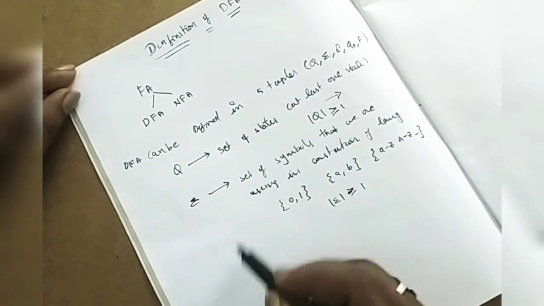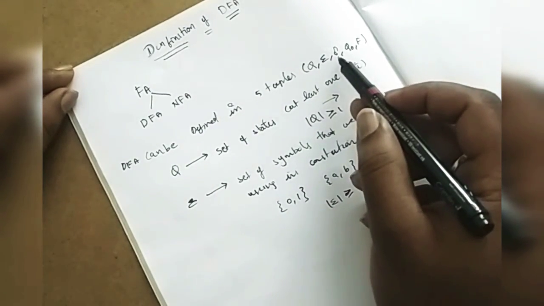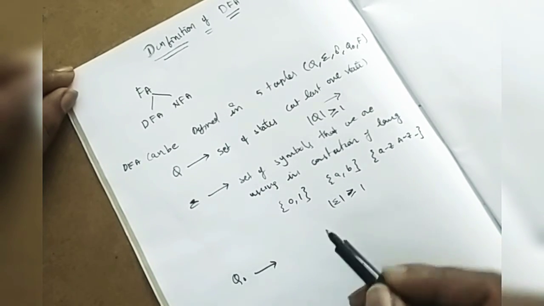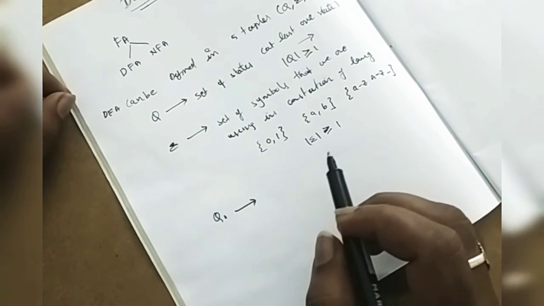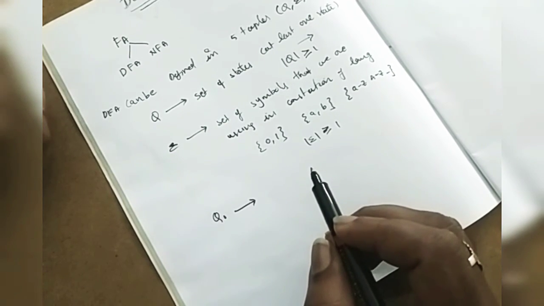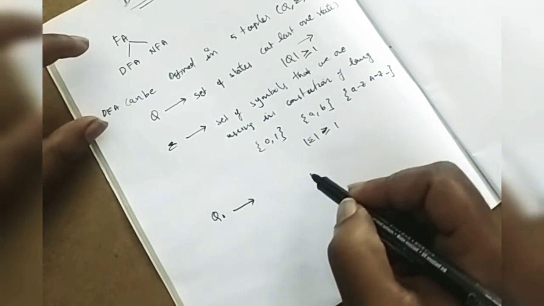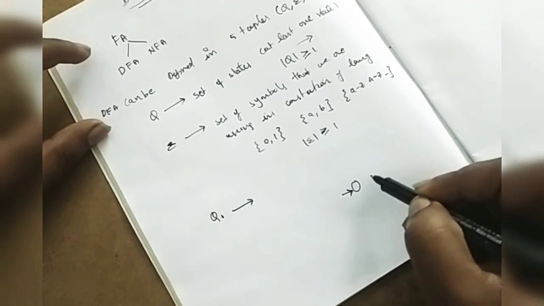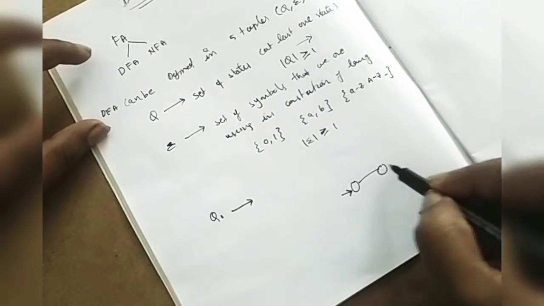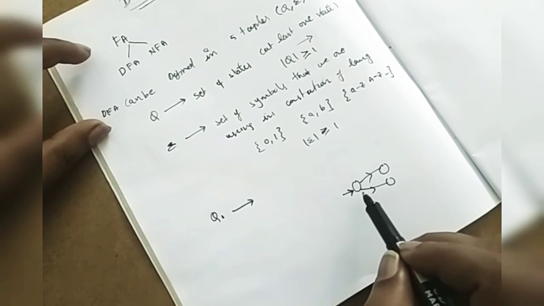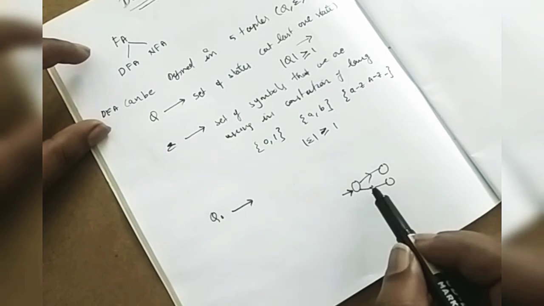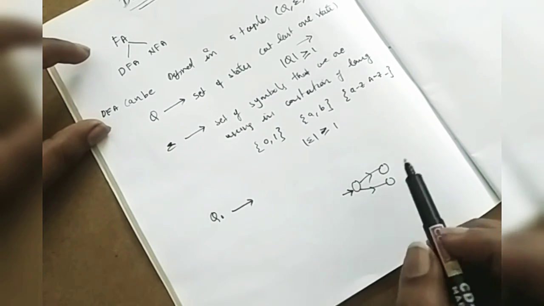Then transition, I'll explain it last. Let us go with Q naught. Q naught is the initial state. Whenever you find a state like this, it is the entry point of the whole DFA. Whatever the DFA is, there should be one state which is the initial state, from where you will start the transitions and start giving input.